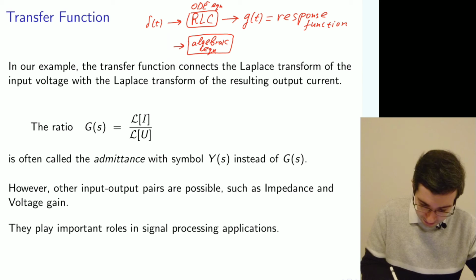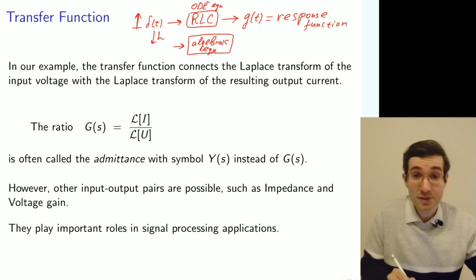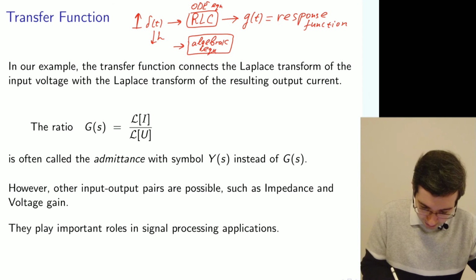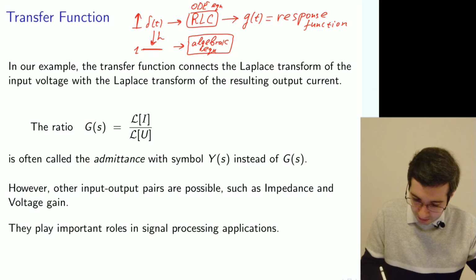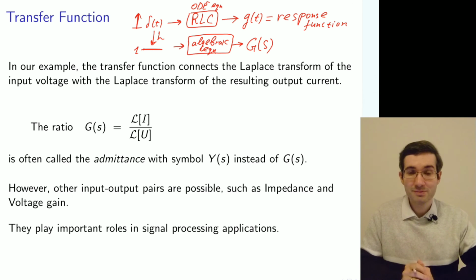So if you apply a Laplace transform, then instead of the unit impulse, which is a delta function, you'll get just 1, and that will produce a transfer function as an output.